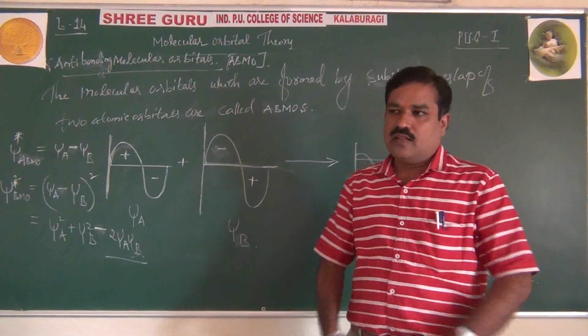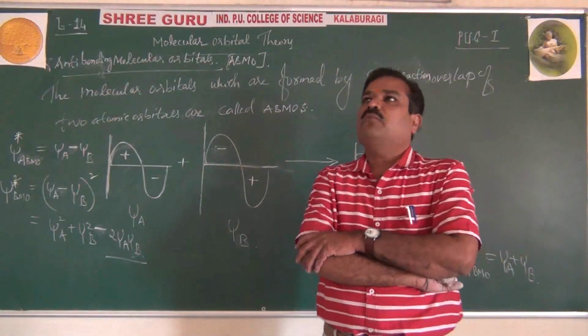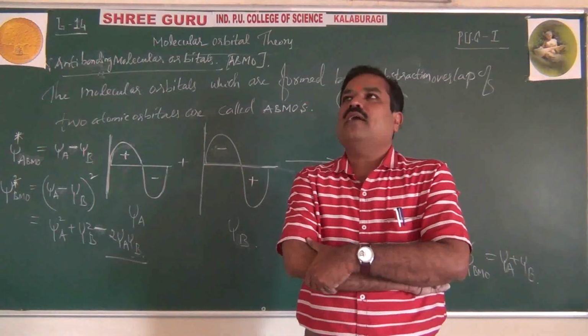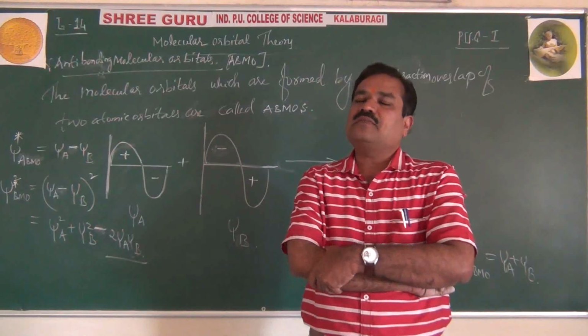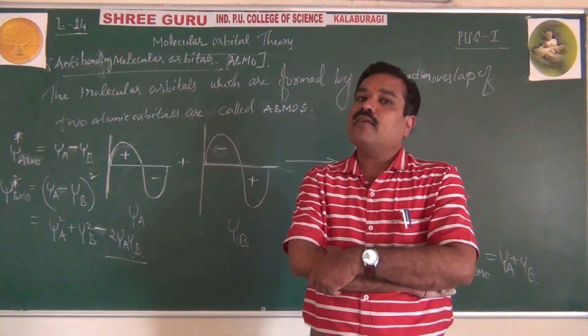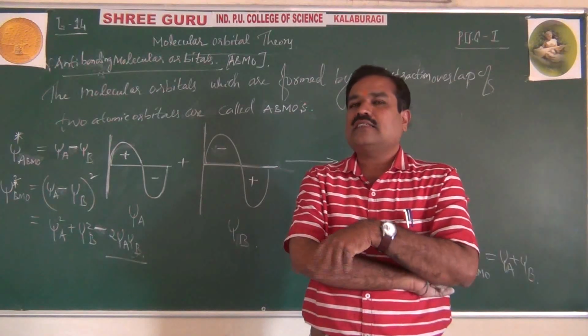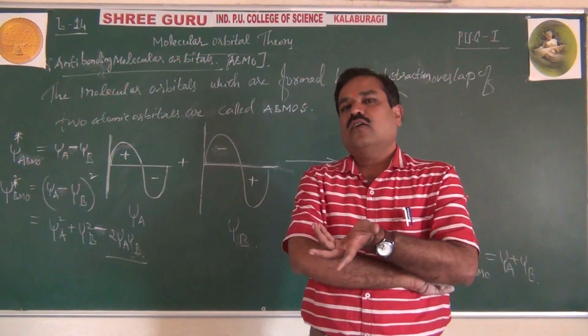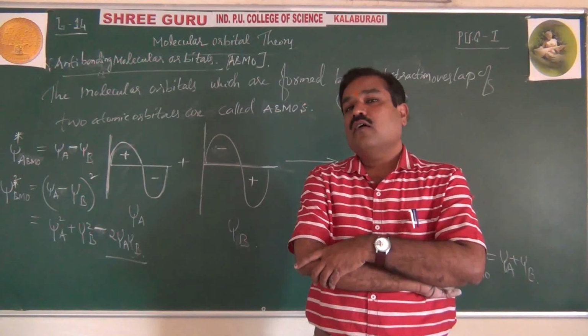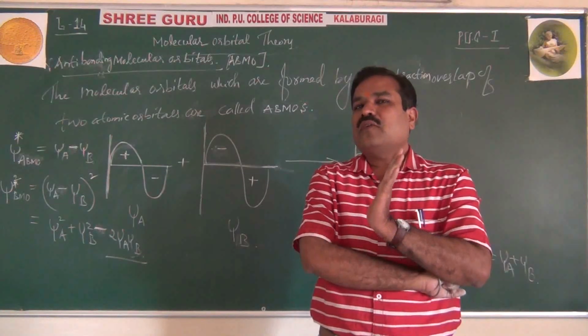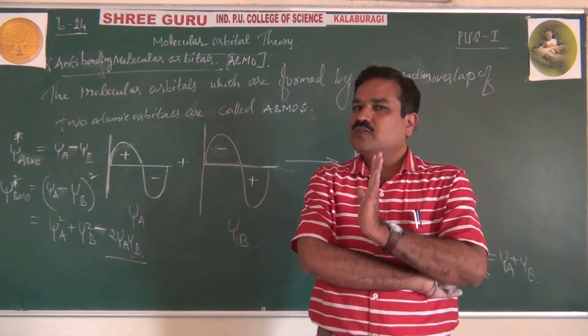This is called the LCAO method. That means they form bonding by addition overlap and antibonding by subtraction overlap. If they overlap along the internuclear axis, they are sigma molecular orbitals. Alongside, they are called pi molecular orbitals. Remember, students, here also same thing.